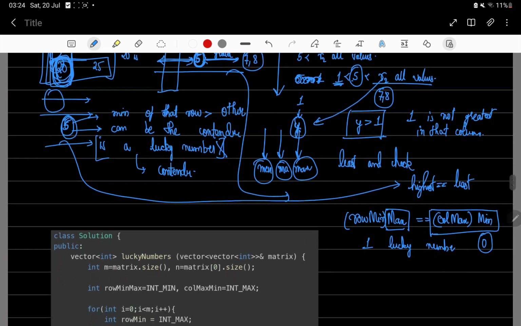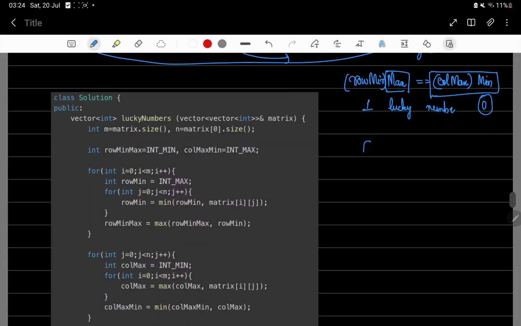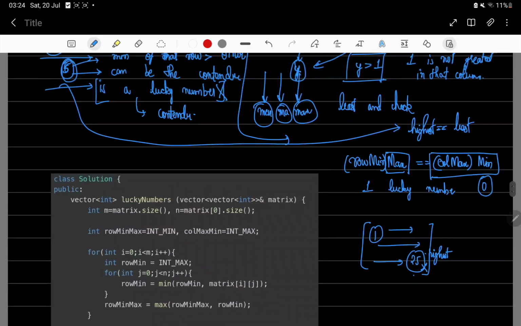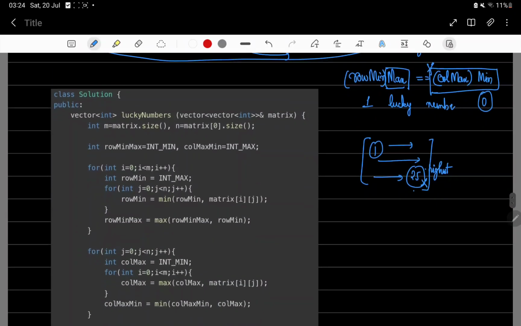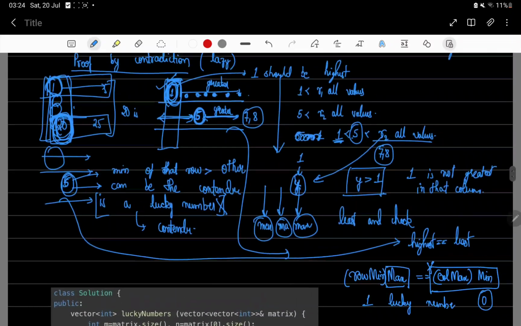But there can be another function wherein we have 1 and 25, where this is the highest of all the row minimums, but this is not the least. So it will not come into this category. So that is the proof that we wanted.